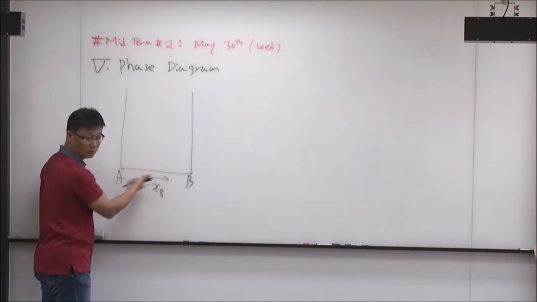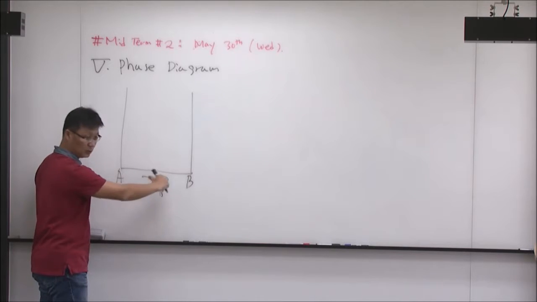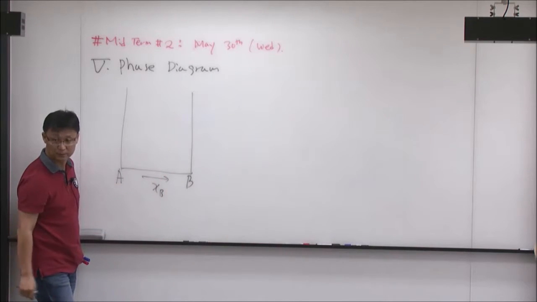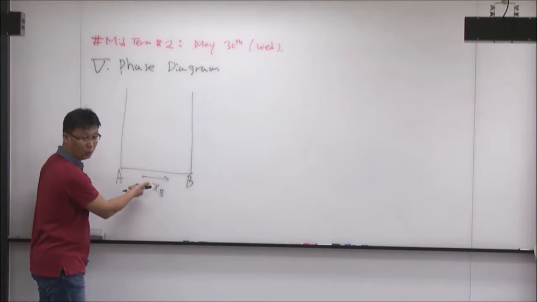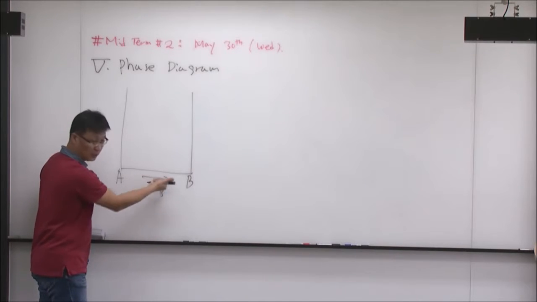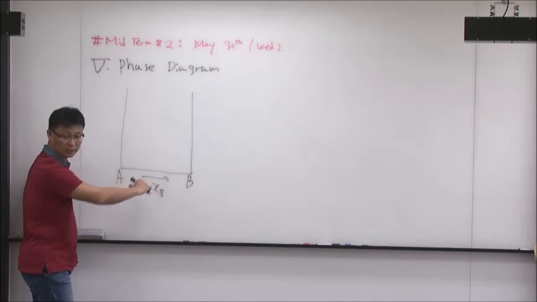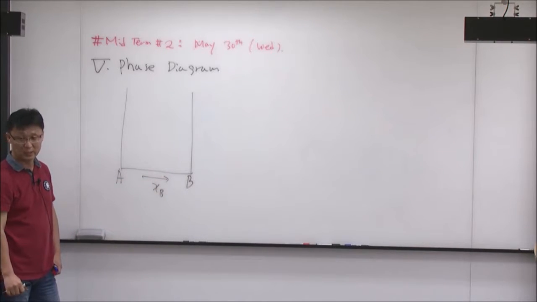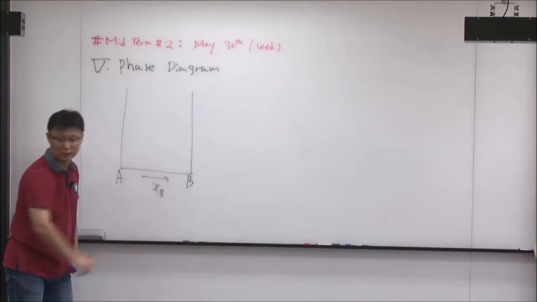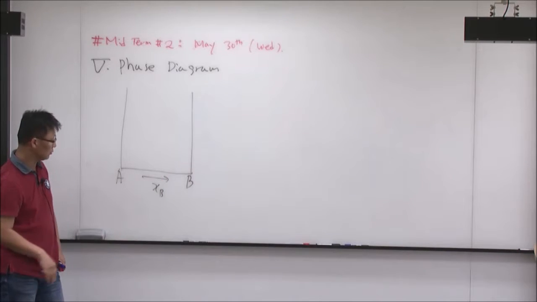In this direction, the mole fraction of B is increasing; in this direction, the mole fraction of A is increasing. If this is weight percent or weight fraction, then in this direction the weight fraction of B is increasing, and in the other direction the weight percent of A is increasing. At least you have to understand this.